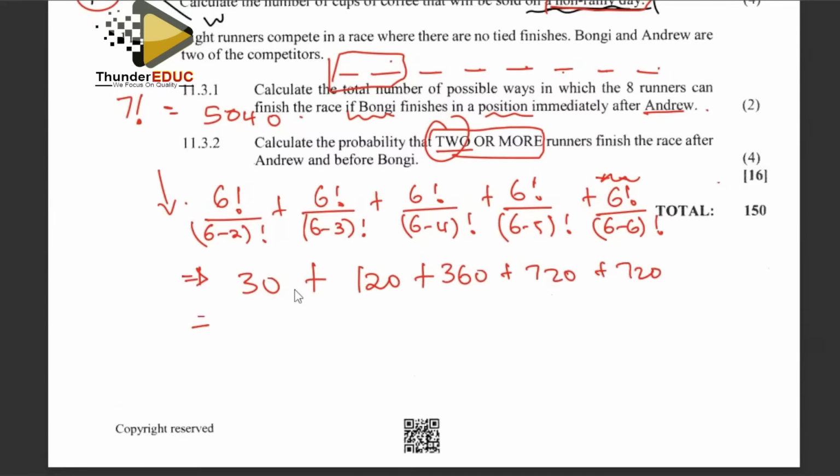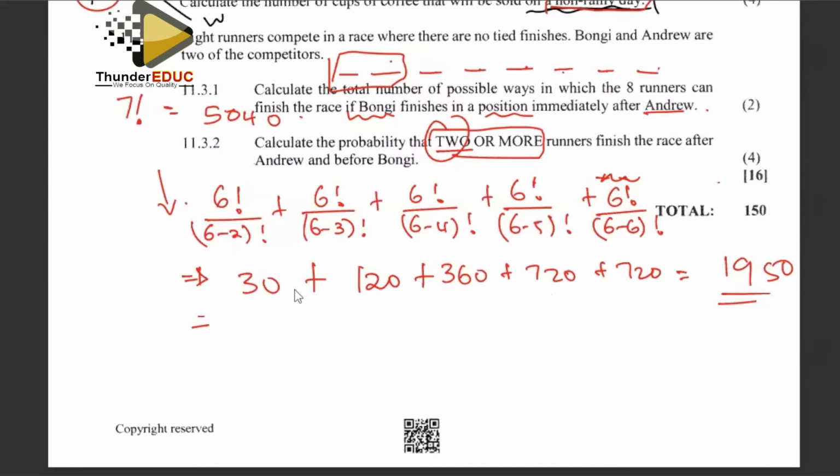So I just need to add up all those numbers, 120 plus 360 plus the 720, and then plus another 720. Okay, so this is giving me 1950, okay, as my final output.